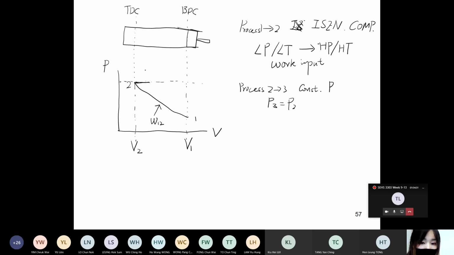Here, we give a heat supply to model the combustion process, where we get the work output because of the movement of the piston. By giving the heat supply, the temperature of the air is increased to the maximum. You should pay attention. We have a work output.